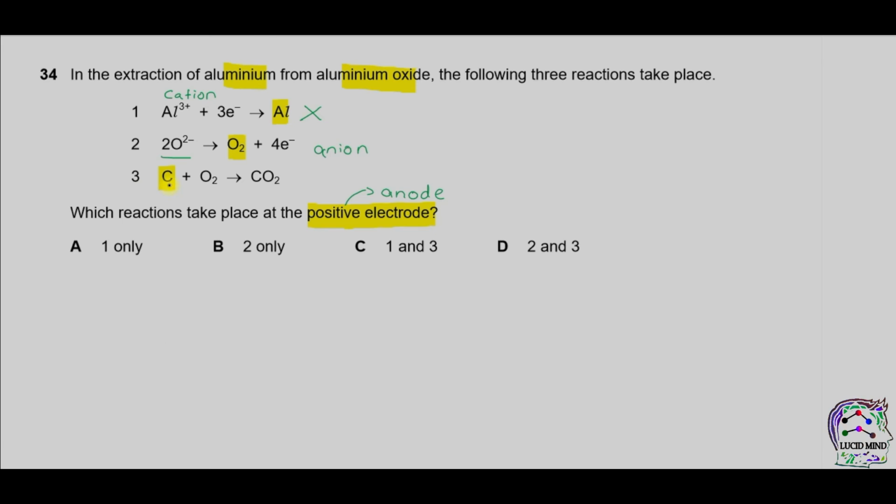Third is graphite, as we know that anode is made of graphite. So at higher temperature this graphite, which is carbon, reacts with oxygen formed at the anode to form carbon dioxide. So option 2 and 3 seems to be correct. Answer is therefore D.